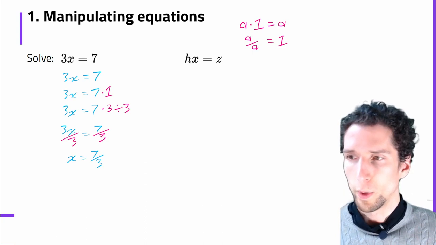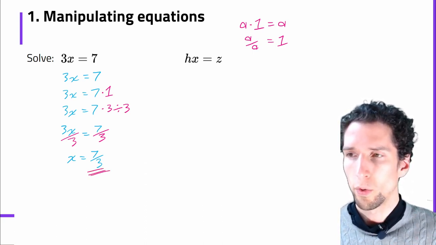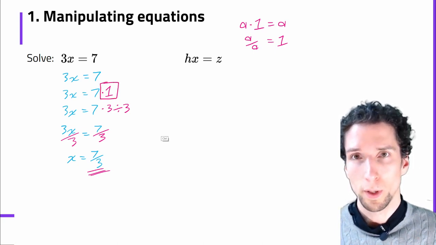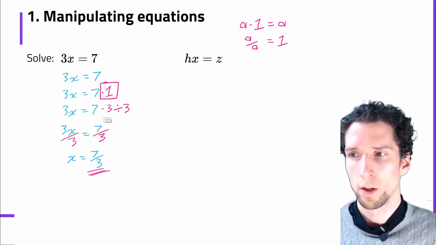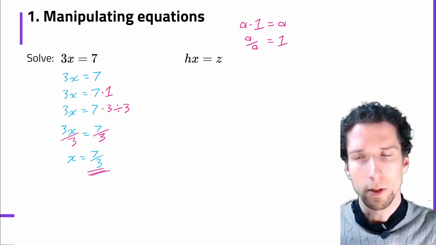Okay, so we've figured out what x is equal to, and the whole thing that let us do that was this here, 1, because multiplying by 1 does not change anything. And 3 divided by 3 is equal to 1, and we just build from that point.